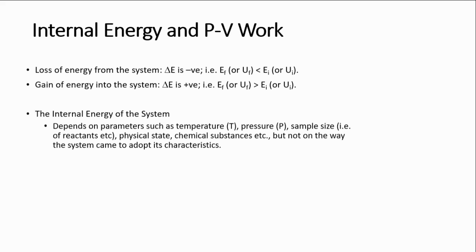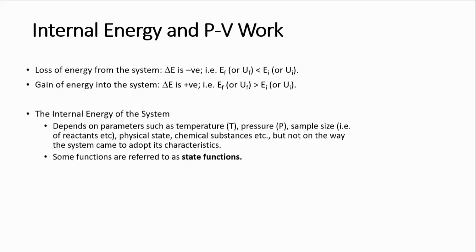So the internal energy is affected by those factors: temperature, pressure, sample size, that is the reactants, and also the physical state of the system, whether you deal with a solid, liquid, or vapor, and also the chemical nature of the system that you're dealing with. All of these things affect the internal energy.